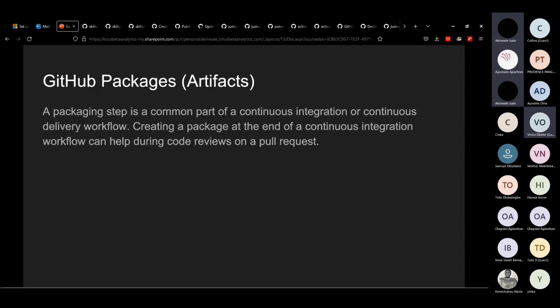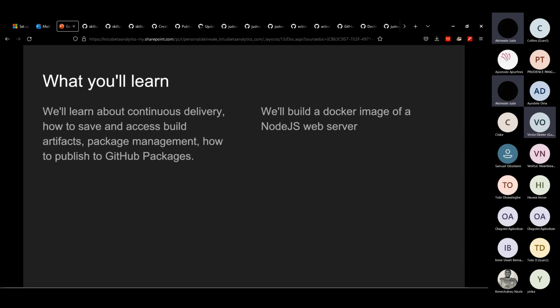So after building, you could convert it to a Docker container and then pass it off to a registry for deployment, or you could save it as a zip file, which you can then access locally on your computer. It goes hand in hand with continuous delivery, so I would work on those together.